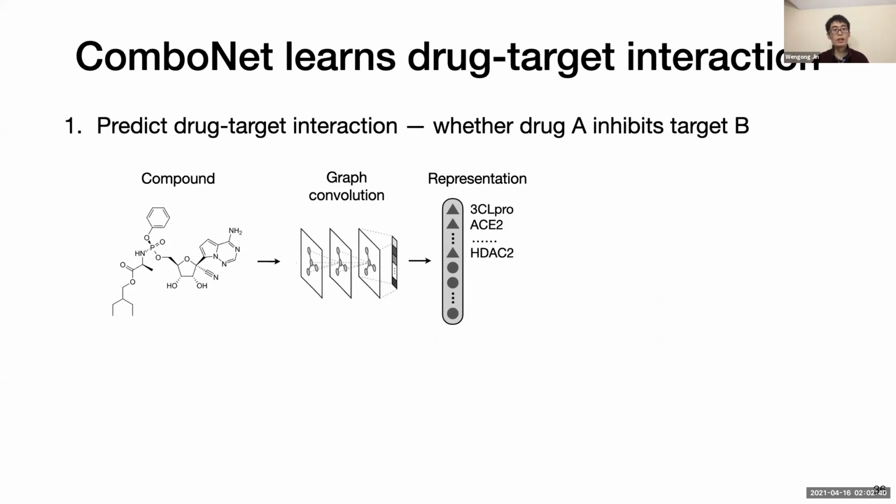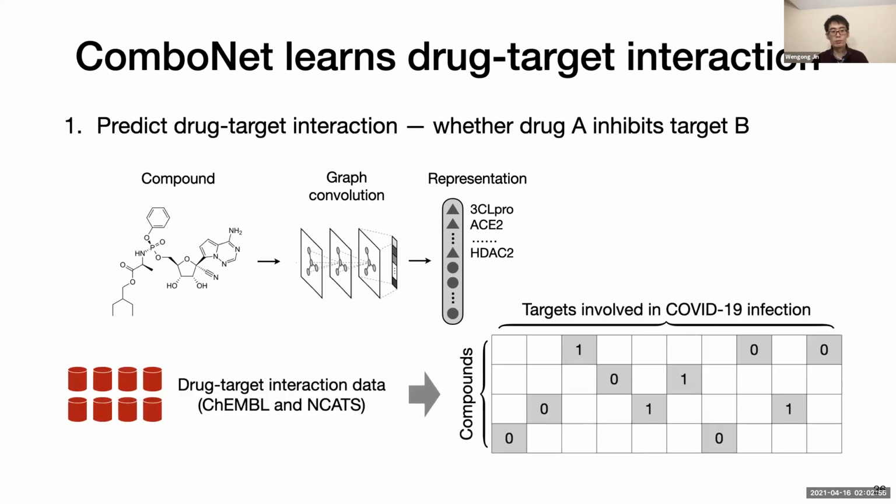So these are the three steps of our model. First, the model predicts the drug-target interaction, like whether this compound inhibits certain biological targets. Here, we leverage a dataset combined from ChEMBL, which is a public database with biological assays, and also from NCATS, from the National Institutes of Health.